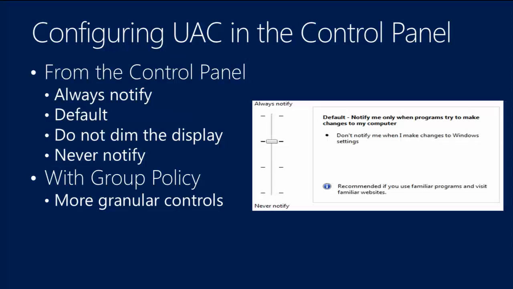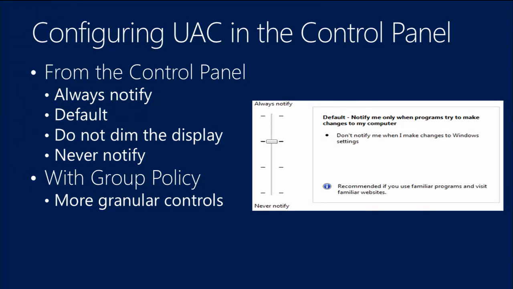Those displays couldn't always handle the move to your secure desktop. And then you used do not dim the display, and this also meant that Windows would not turn to the secure desktop. So if you use do not dim the display, any script can click yes for you. It's less secure.